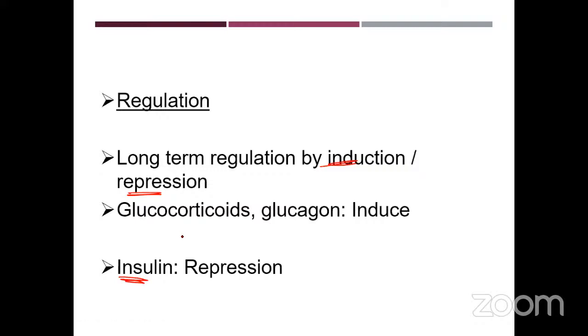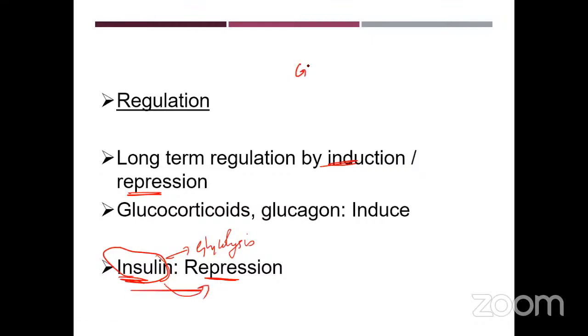When glucose level is in plenty, only glycolysis will happen. But when glucose level is short, gluconeogenesis happens. So when insulin level is high, glycolysis is favored and gluconeogenesis will be decreased or repressed.